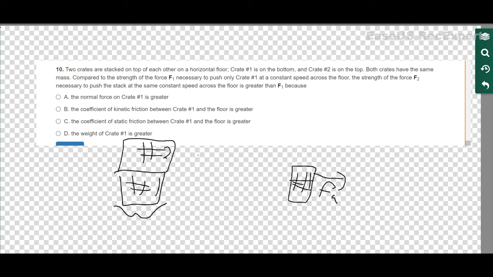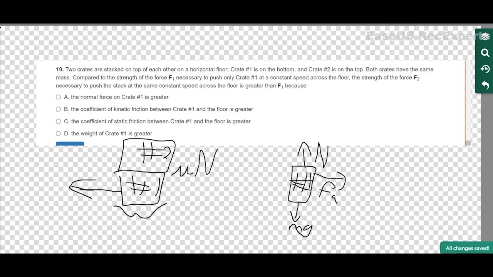the only force that would be acting upon these is kinetic friction, because we're pushing it at a constant speed. Now, kinetic friction is equal to your mu times your normal force. Your normal force on this is going to be equal only to mg, right? Because you're not accelerating vertically.